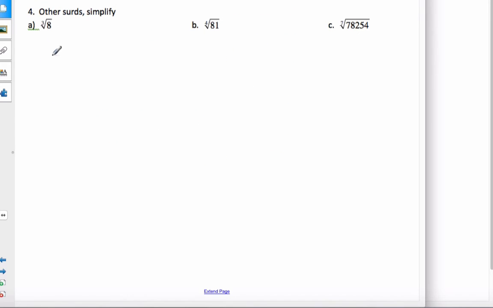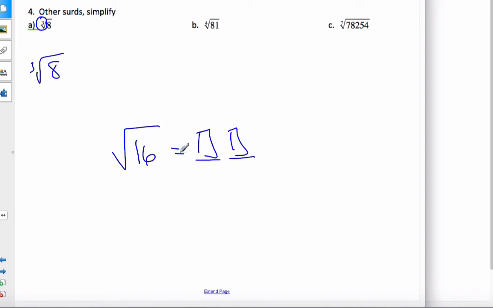Now, other surds or radicals, well, these are special ones, because look at this. This is a cube root of 8. What that means, let's back up. I know this is saying what two numbers that are the same multiply together to get 16. And you know the answer to that is 4.